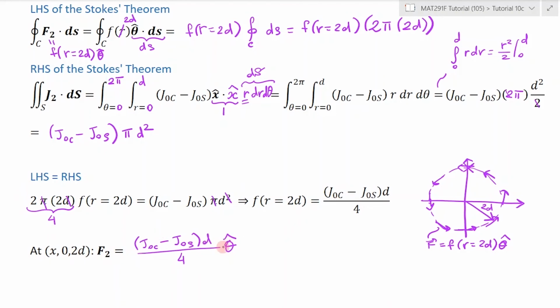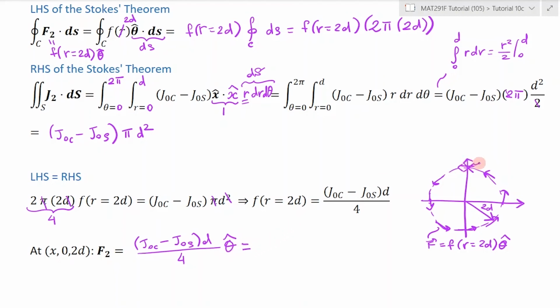Okay, so this is that, but you see there is this theta hat. We don't like this because in the previous part of the question, we got everything in Cartesian coordinates, and this theta hat is going to be difficult to add to something in terms of y hat. So let's convert this to Cartesian.